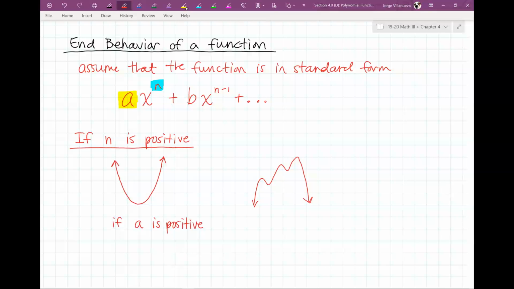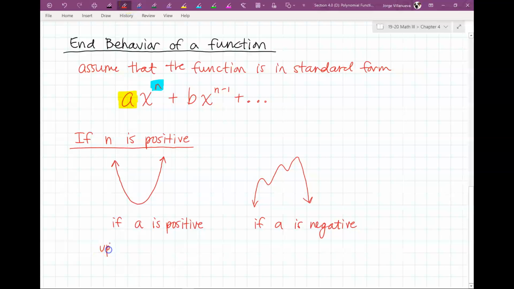Okay? But if your power is positive and your coefficient is negative, then it flips it upside down. And they both go in the downward direction. So if A is negative, your graph kind of looks similar to that. I mean, guys, it can look like this. It can look like that. I don't know. Whatever. But notice down, down. Okay? So if A is positive, let me write down what you should put.